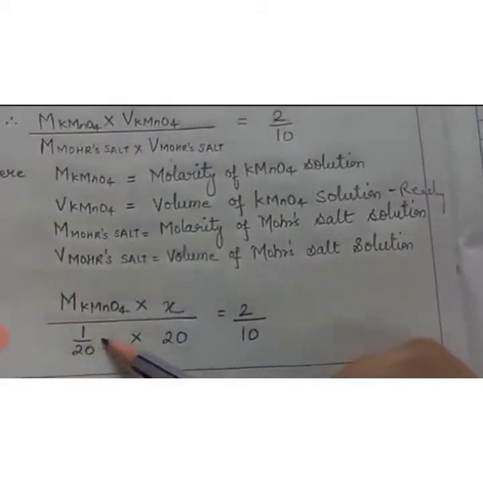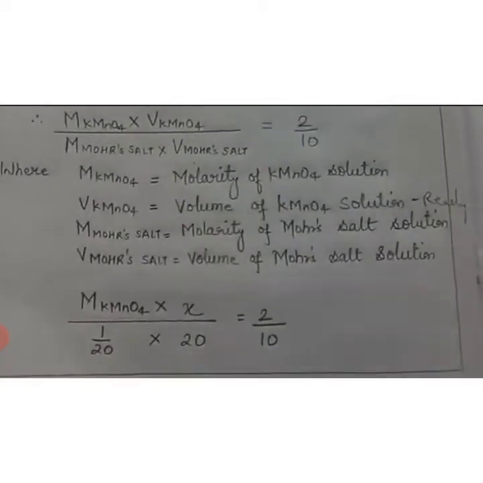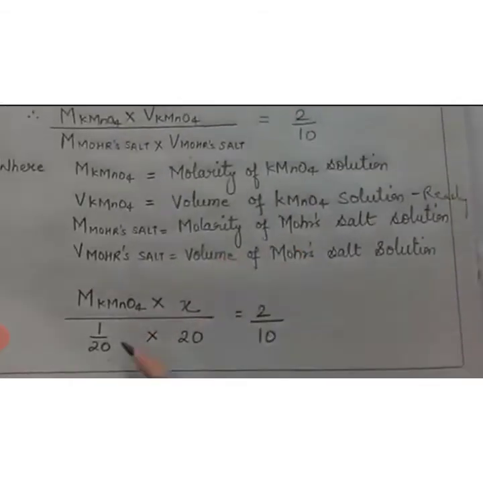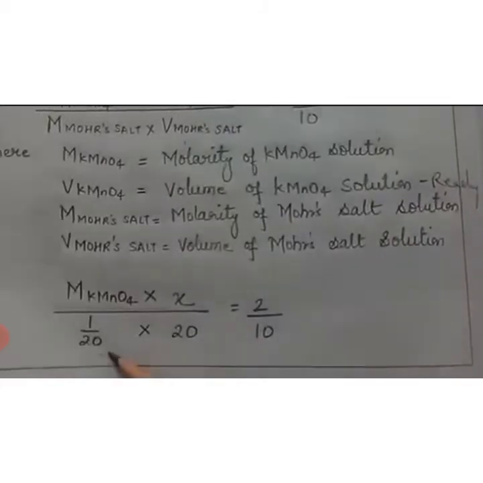So our expression is M of KMnO4, which we need to find out, into X upon 1 by 20 into 20 is equal to 2 by 10.